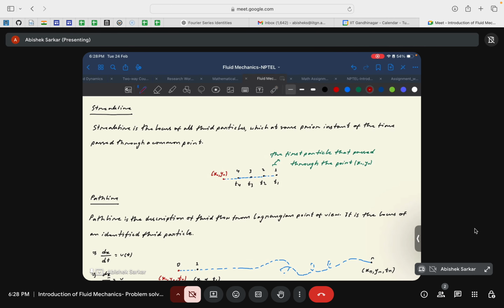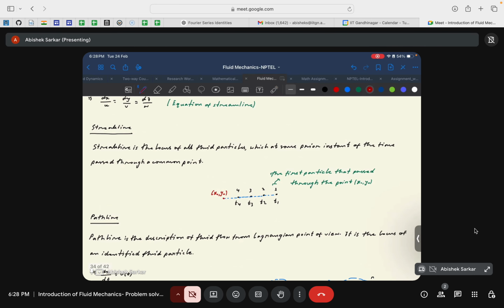For example, say this is your flow field and you inject the dye at a particular point, say here. The particles that have been injected travel through certain distances and create a shape like this, and you try to join these lines.